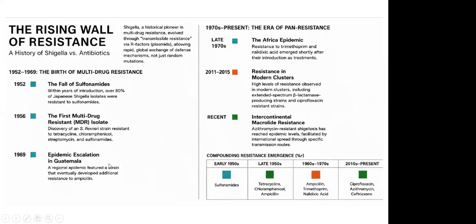Then again, it developed resistance. So nalidixic acid was used to some extent. Again, in the 1970s, that also developed resistance. And recently, even azithromycin resistant Shigella cases have been reported.